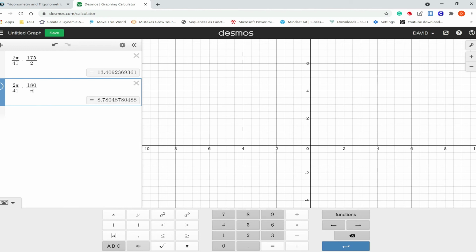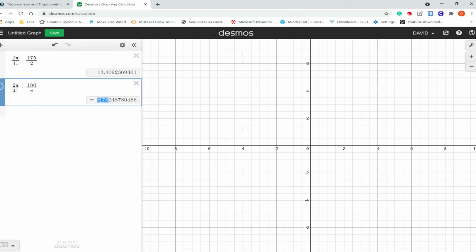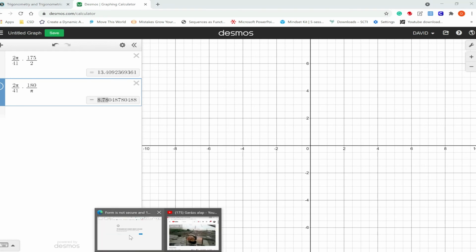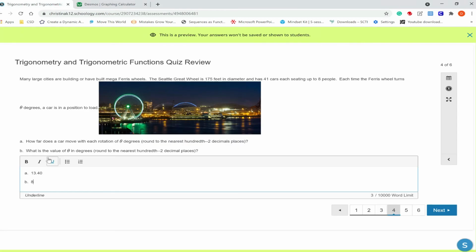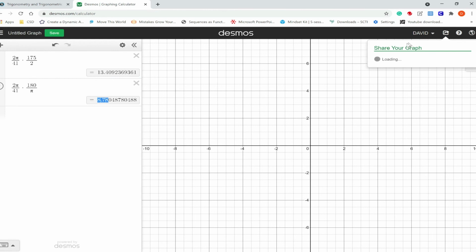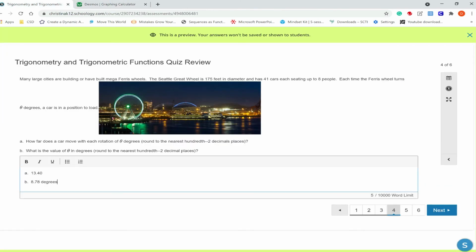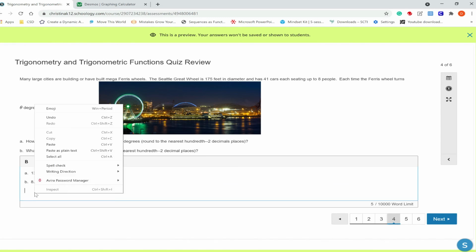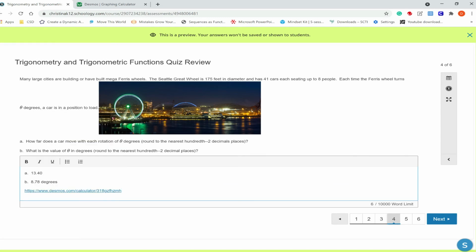So it's going to be 8.78 degrees, and we're done. So if we wanted to, we could just hit share, copy it, and you can just paste a link here, and we have the link, and I can see what work you did.